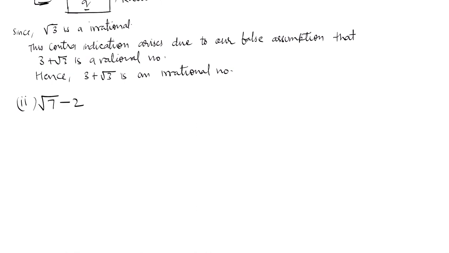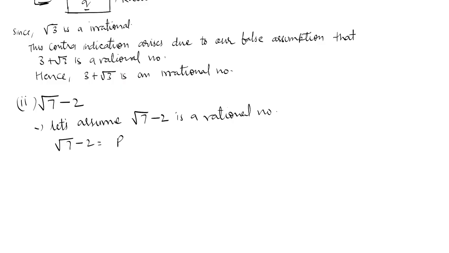Okay. Now the second question is root 7 minus 2. Again we will assume, let's assume root 7 minus 2 is a rational number. Okay. Now we can write it in the form of p upon q. So root 7 is equal to p upon q plus 2.